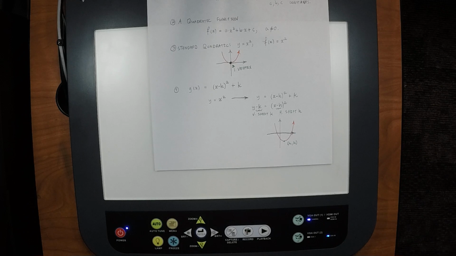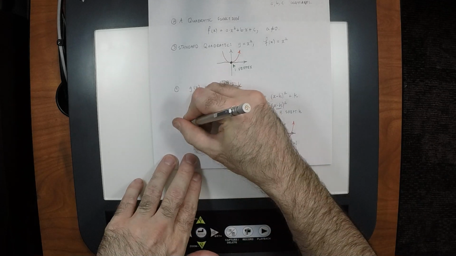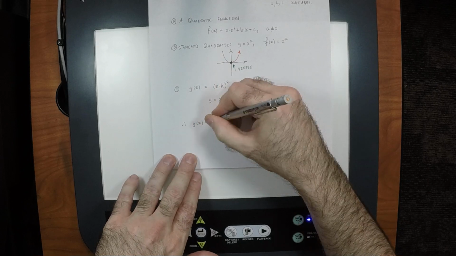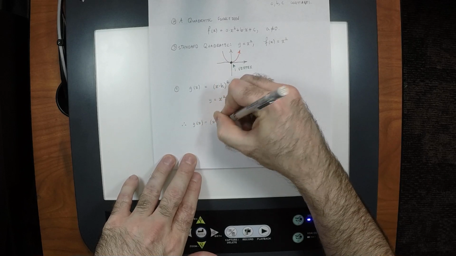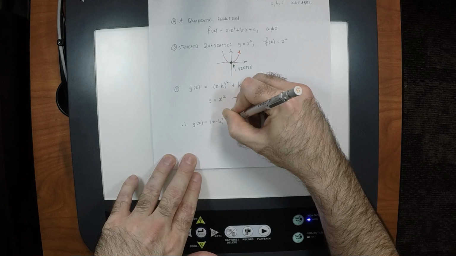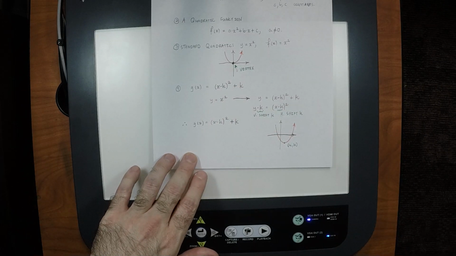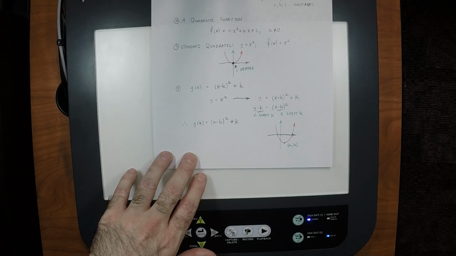So, as a result of that, we can say that therefore g of x equals x minus h, square that, add k. That's a quadratic. It's a parabola, and where's its vertex? h, k.